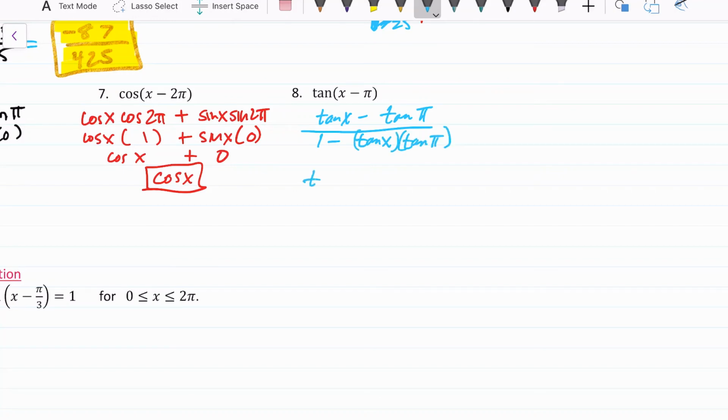So this will give me tangent of x, tangent of pi is 0. So 1 minus tangent of x times 0. So at the top, we have tangent of x. At the bottom, we have 1 minus 0. So we have tangent of x over 1, which is just tangent of x.